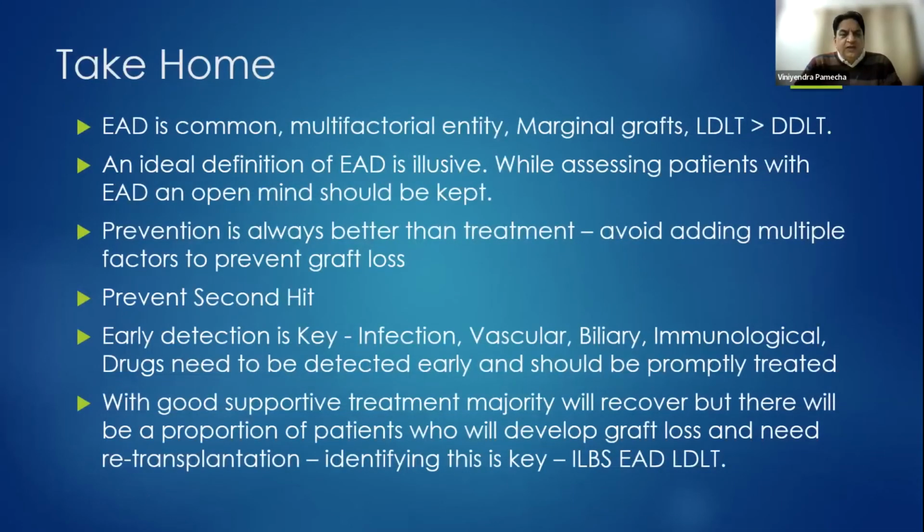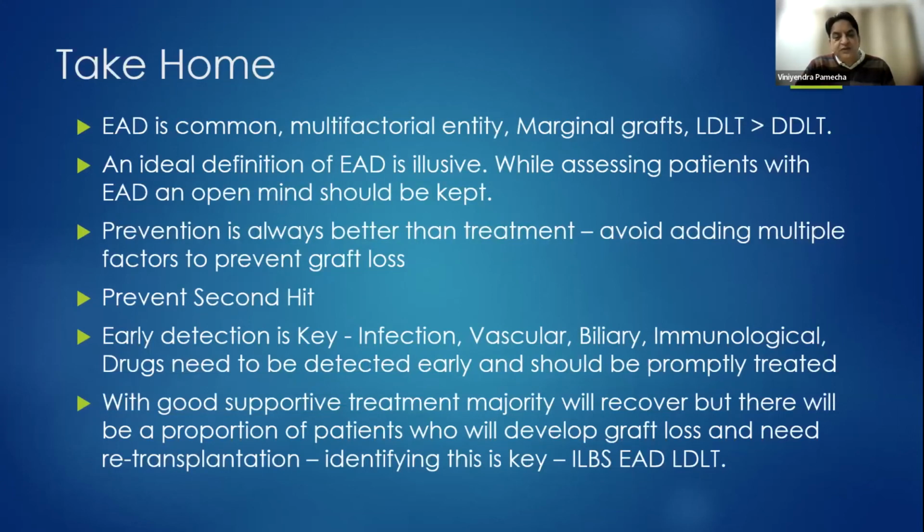So early allograft dysfunction is a common multifactorial entity, more common with deceased donor liver transplantation, and the ideal definition is elusive. You should keep an open mind when you're evaluating this type of patient. Prevention is always better. You should not have a second hit. When you know there are factors that are going to lead to early graft dysfunction, then you need to monitor the patient and manage them in a way that they don't develop a second hit like hypotension, hypoxia.